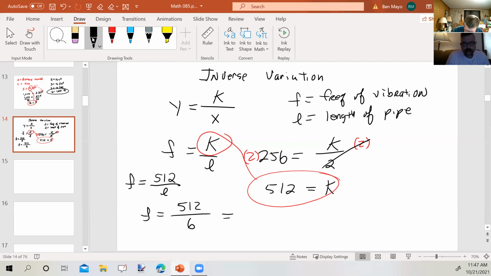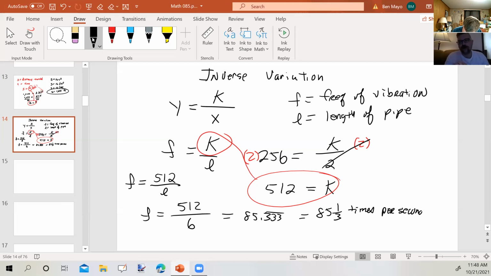Now, when I punch this into my calculator, 512 divided by 6, I get 85.3 repeating. Recall from your arithmetic days that 1/3 is 0.3 repeating, 2/3 would be 0.6 repeating. So this would be 85 1/3. So how many times per second? It would be 85 1/3 times per second.